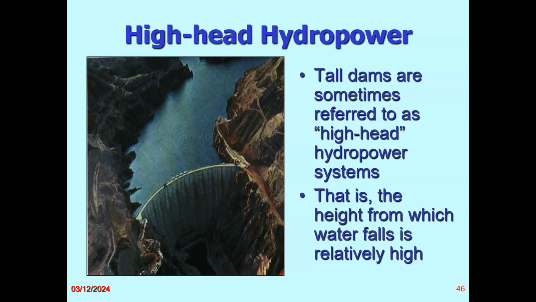So also for hydropower, we have different cases. For example, we call high head. High head means that the head of the dam is very high. So normally, tall dams are sometimes referred to as high head hydropower systems.